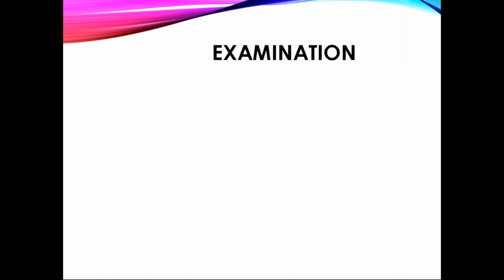Now coming to examination. Till now we have seen the history, how the proptosis is, whether it is axial or abaxial, how to evaluate it, all these aspects. So now let's come to examination of a proptosis.